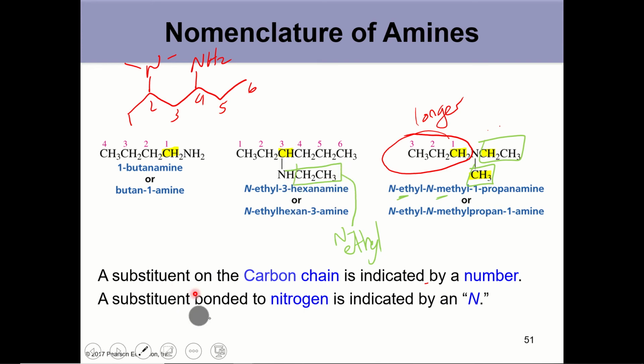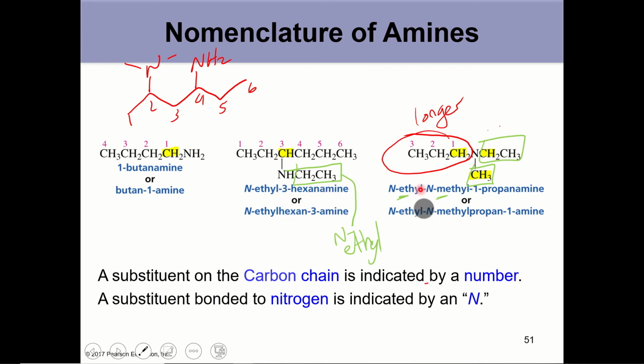And since it is a substituent bonded to nitrogen, it is indicated in the name as N. So instead of a number followed by ethyl, indicating 2 carbons, it is N-ethyl. So we have N-ethyl-3-hexanamine, N indicating that there are 2 carbons bonded to nitrogen, and 3-hexanamine indicating that you have a 6 carbon chain, hexan, with an amine at carbon 3.